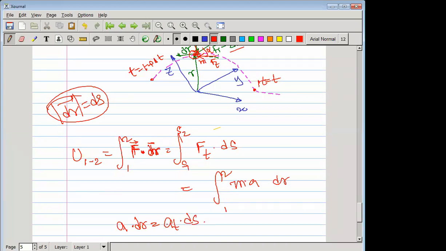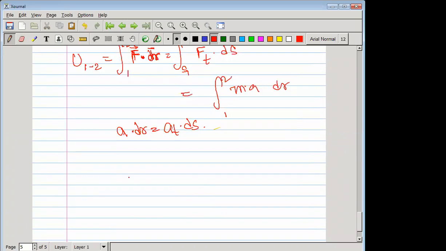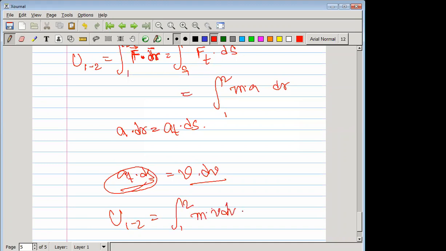So a_t ds is v dv. So we can put, instead of a_t ds, v dv. So U 1 to 2 is the integration from 1 to 2 of m v dv. What we finally find is half of m times v2 squared minus v1 squared.